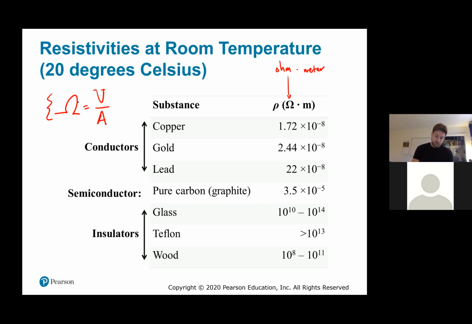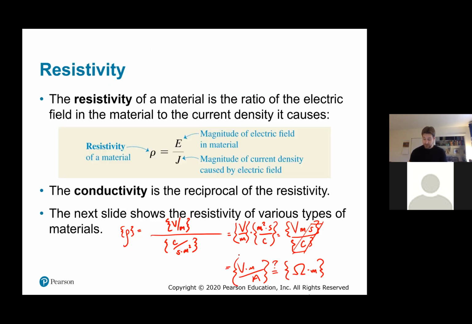That the unit ohm is a volt per amp. Hopefully that connects to something that we see at some point here soon. This is true according to our definitions so far. This appears to be made up. So hopefully we get to some point where we say that ohms is related to volts per amp.